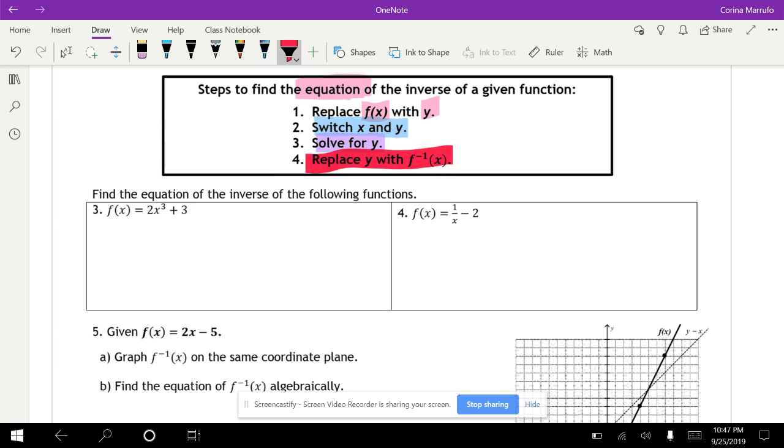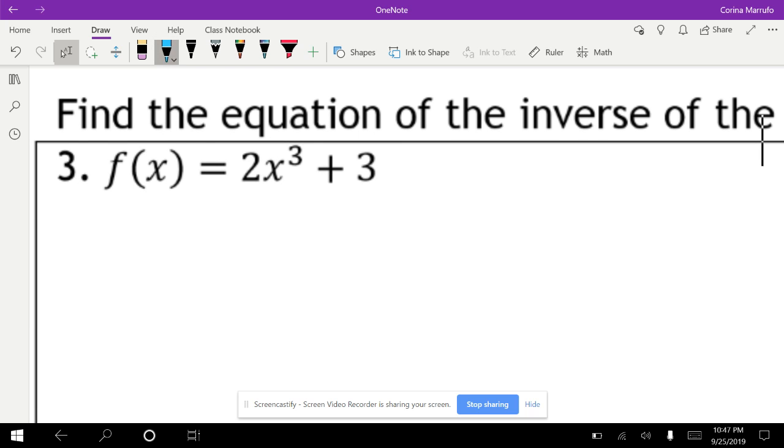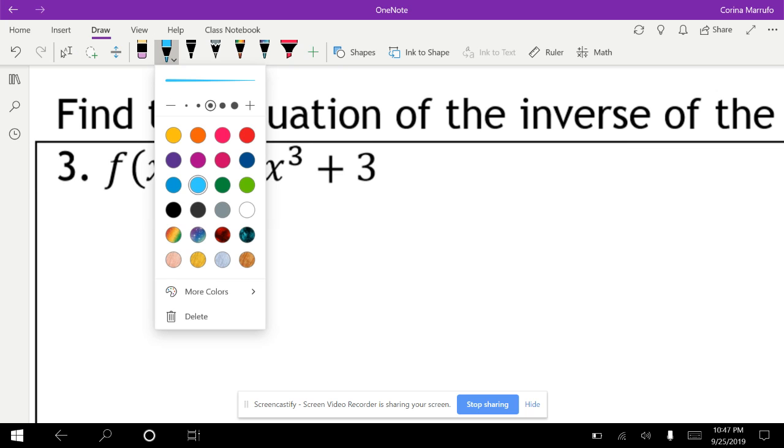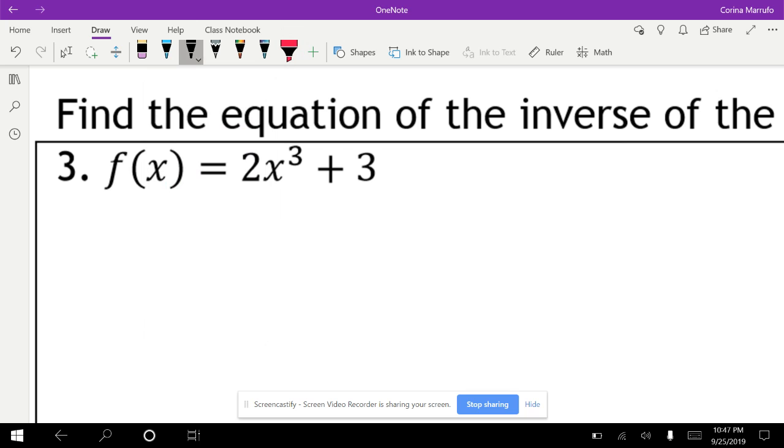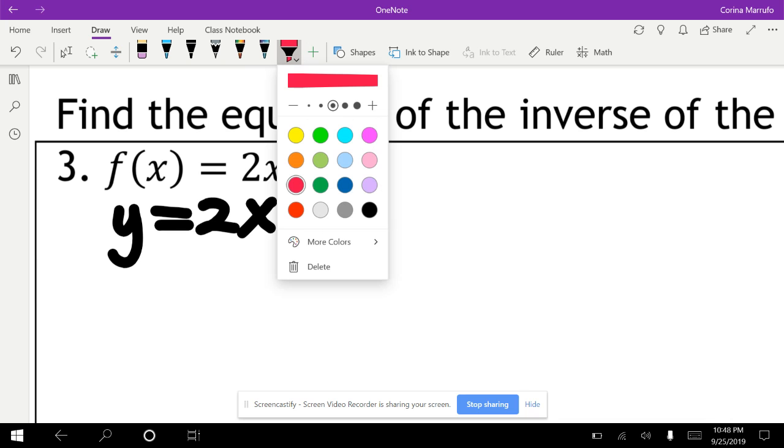So number 3. I'm going to zoom in, but my first step is to replace f of x with y. So I'm going to go ahead and do that. So it's going to be y equals 2x cubed plus 3. And that's my first step.